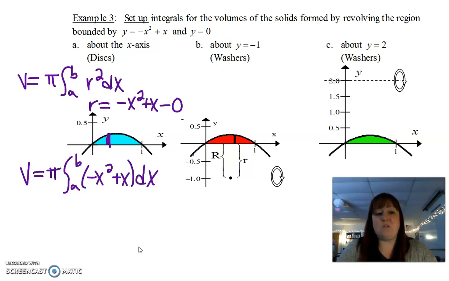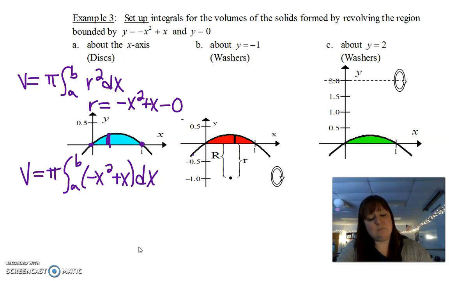Let's figure out where this curve crosses the x-axis. You could either set the two functions equal to each other, so negative x squared plus x equals 0, or you could just find the zeros of this function, because the bottom function happens to be y equals 0. But we'll just remind ourselves how to do that.